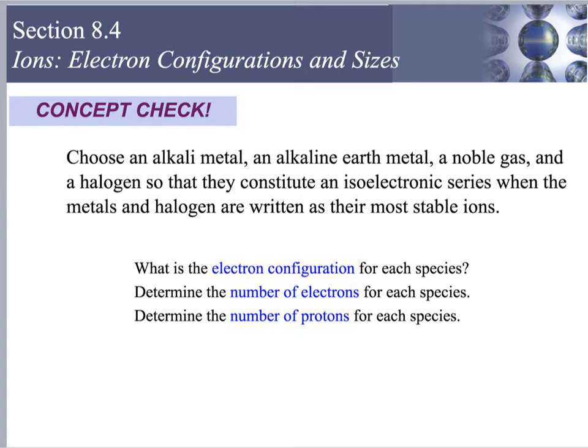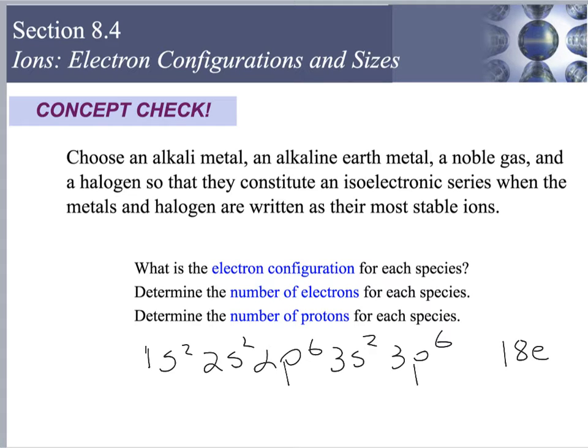If we write out the configuration for argon, that's 18, so the configuration is going to be 1s2, 2s2, 2p6, 3s2, 3p6, and that's going to give us 18 electrons.